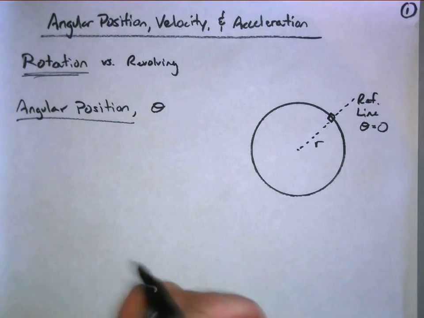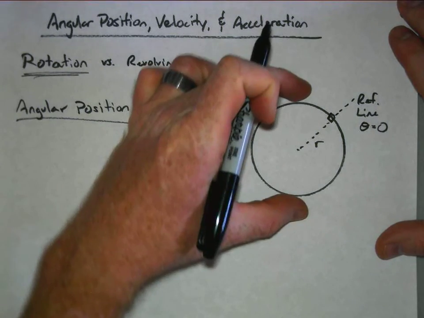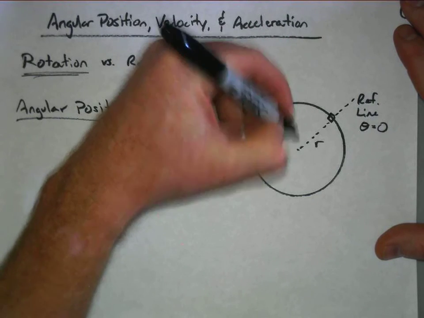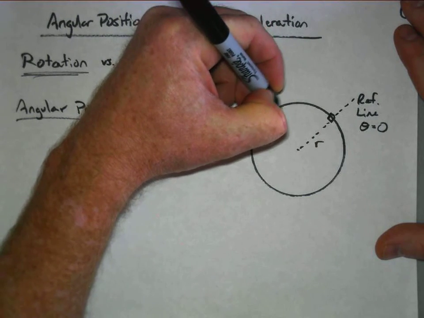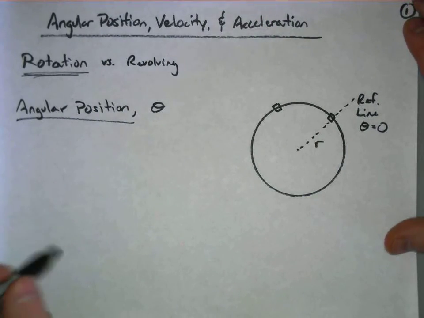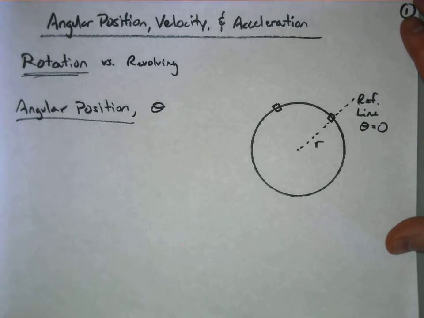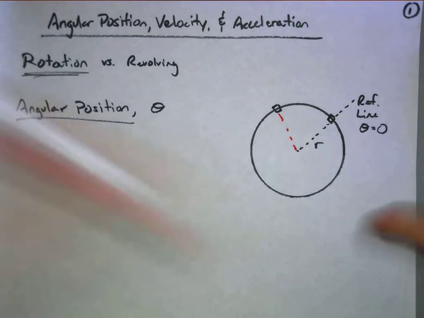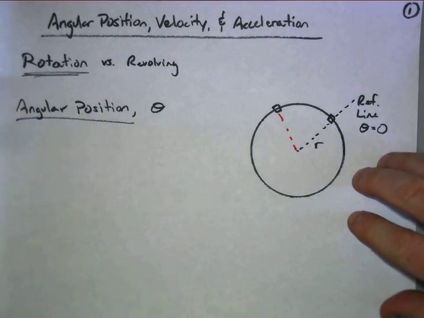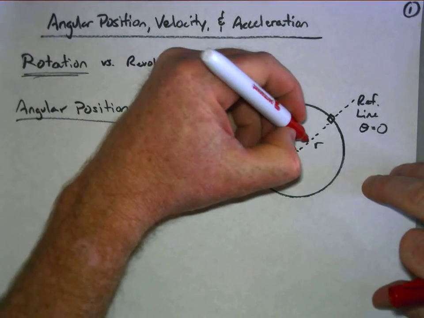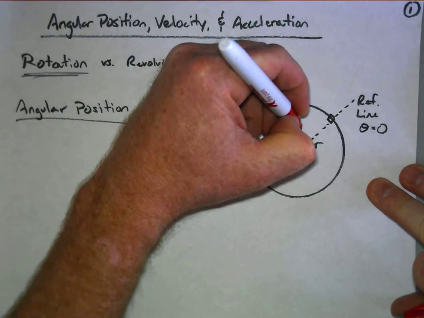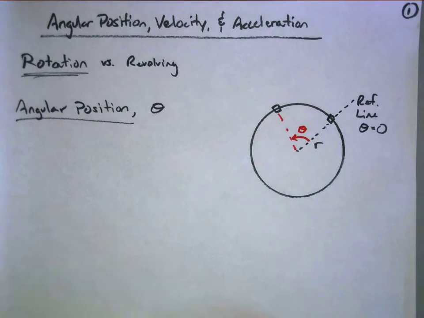And so if we have an object rotate, let's say we rotate the wheel some amount. Okay, so now that spot has a new angular position. And so what we can say is that now it's at that location, and it has rotated this way through some angle. Okay, that's easy to identify, right?